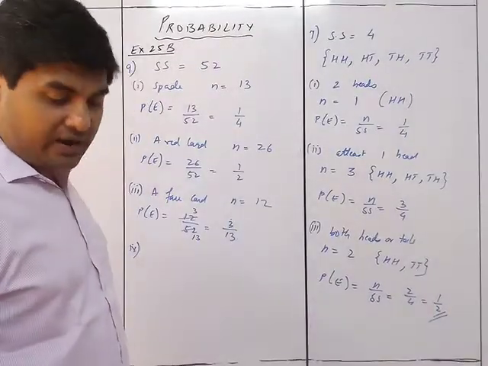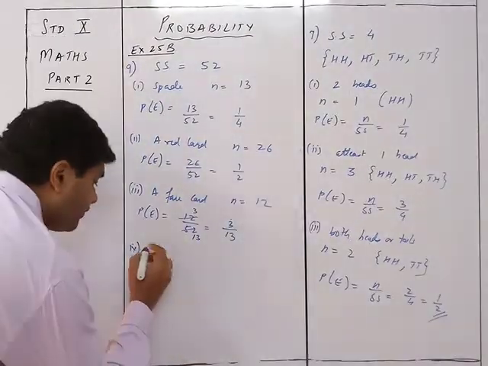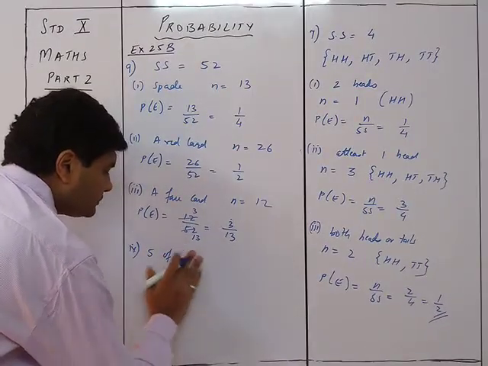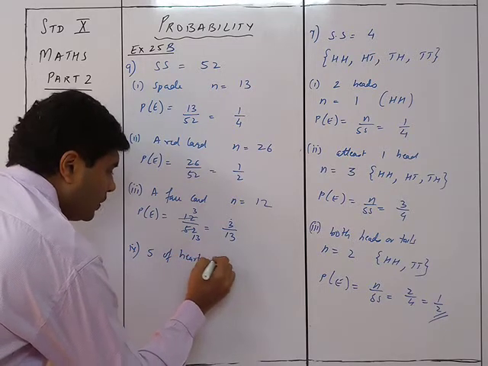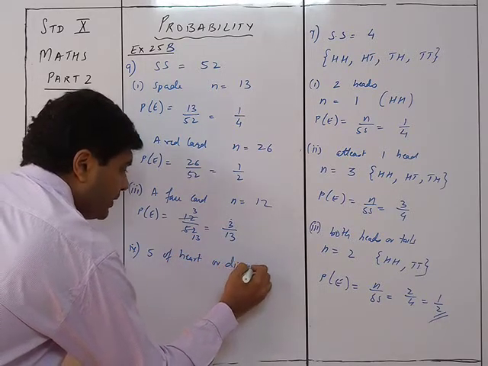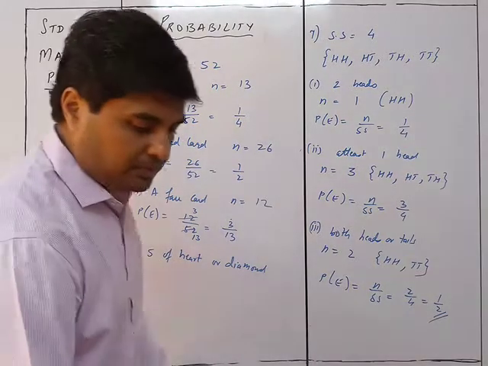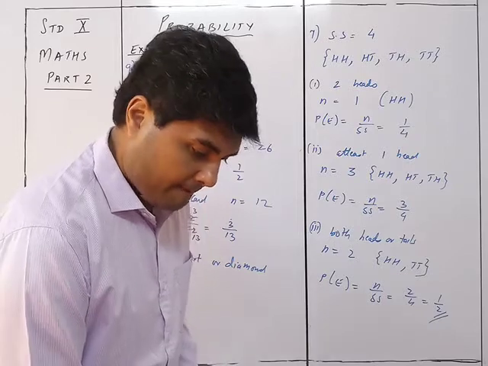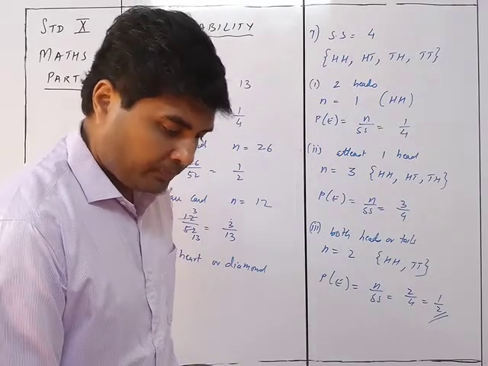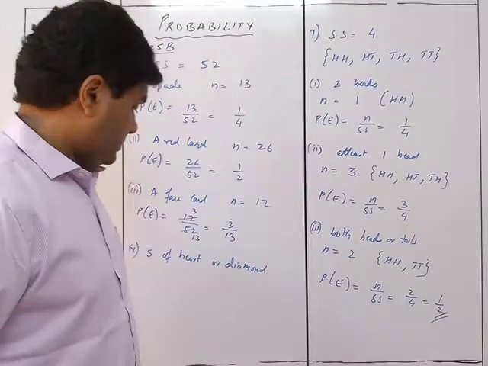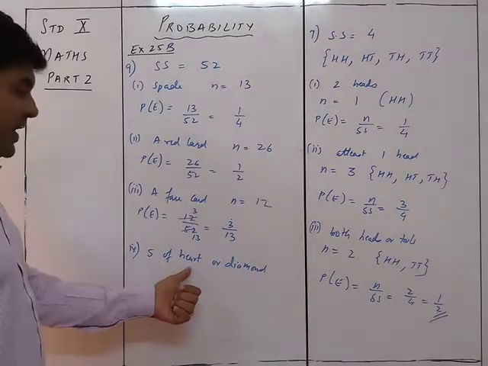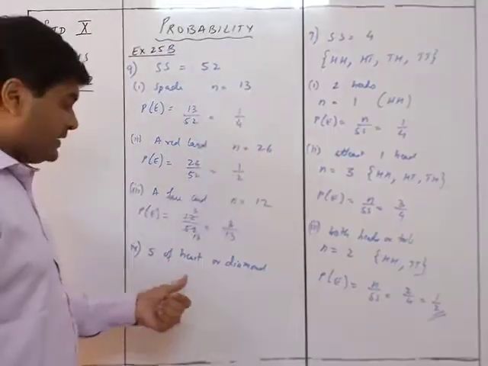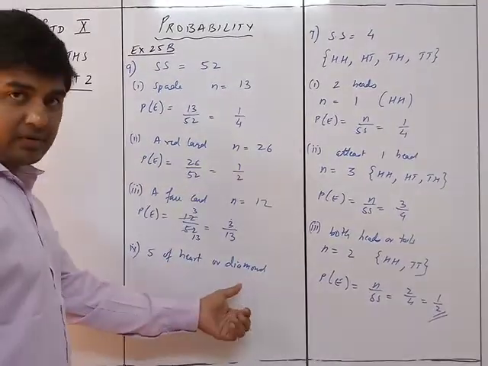Fourth answer, 5 of heart or diamond. Now here it's a bit of a thing. You can see here that it could be either 5 of hearts or it could be 5 of diamonds.